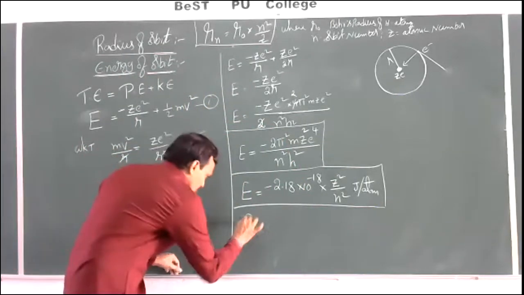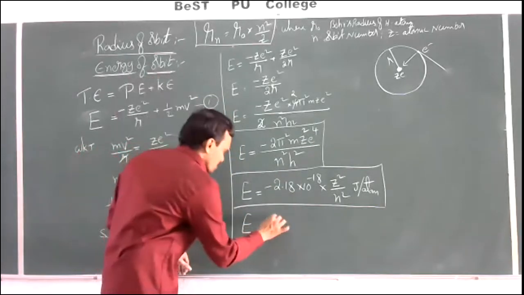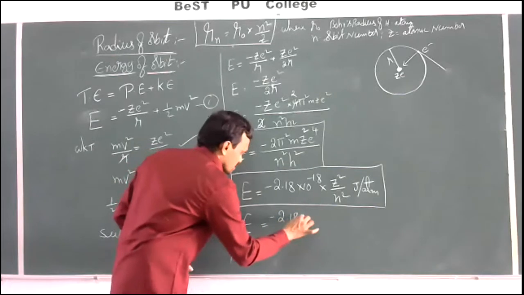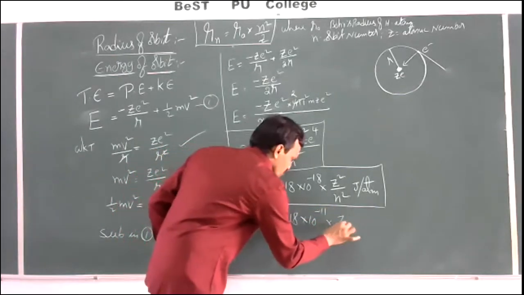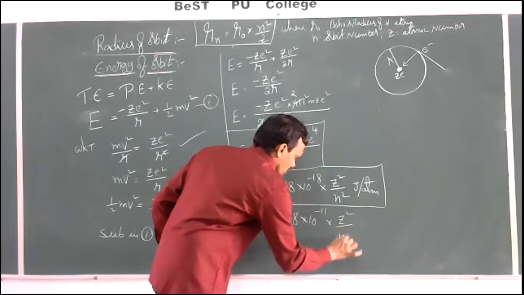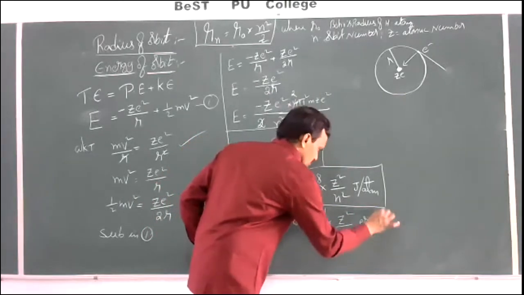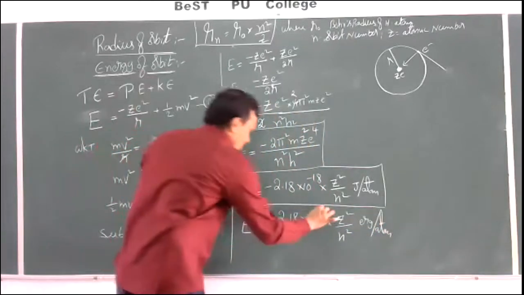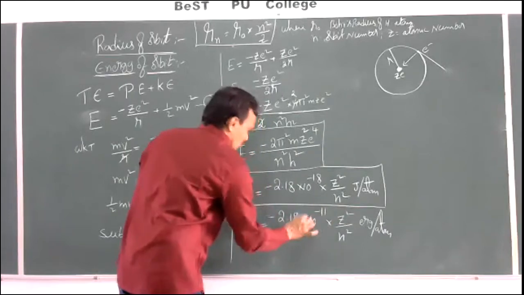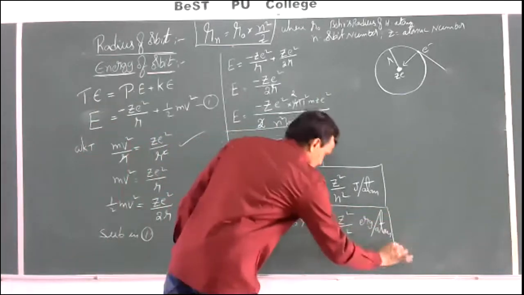The same in terms of ergs per atom is minus 2.18 into 10 to the power of minus 11 into z square by n square ergs per atom.